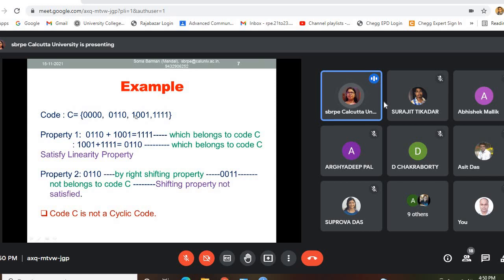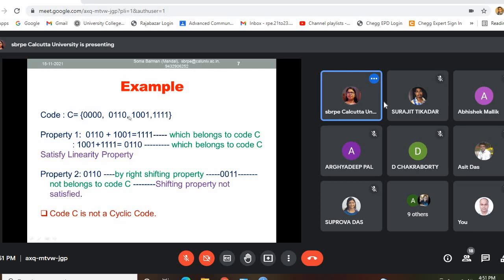Four code words are contained within this code C. Now the 000 code word belongs to your C. Obviously it is one of the properties of the linear block code. Now you check the first property, that is the linearity property. If we add any code word with 000, obviously that also gives a code word within C. So I am discarding this and only considering the rest.